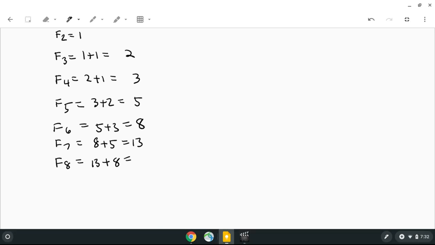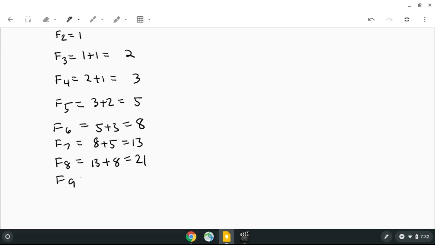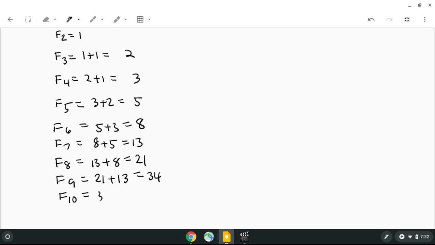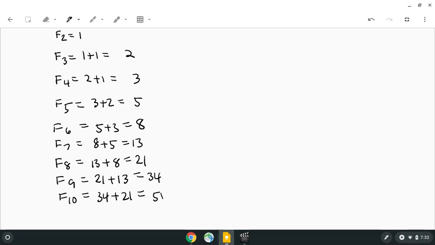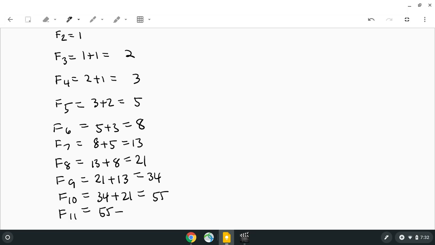And then F9, we're going to do 21 plus 13, so that's 34. And F10, add the 2 before it, so 34 plus 21, and we get 55. And for F11, we get 55 plus 34, and that is 89.